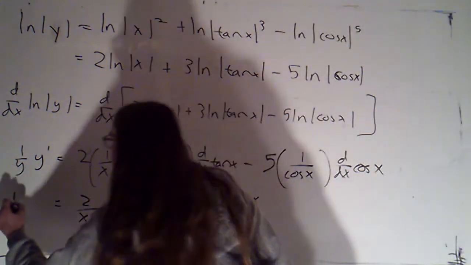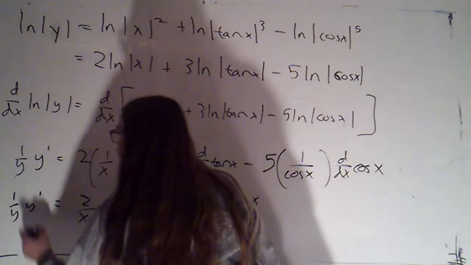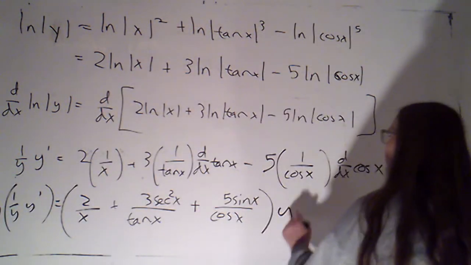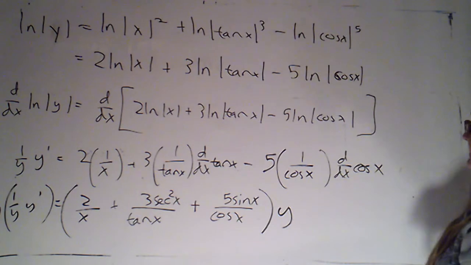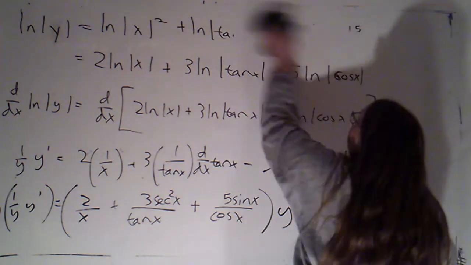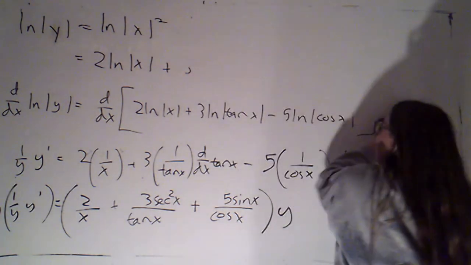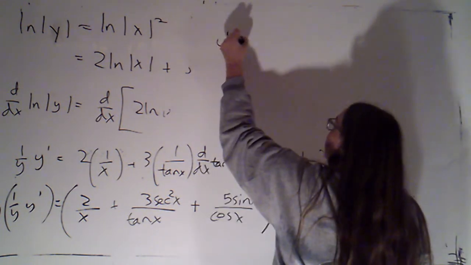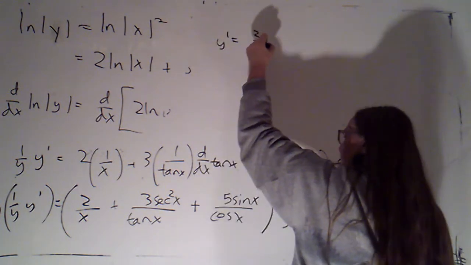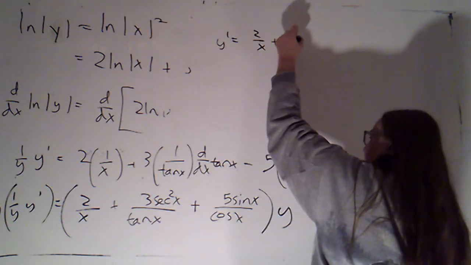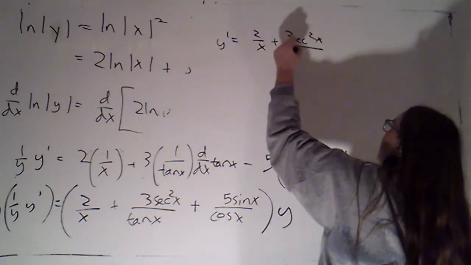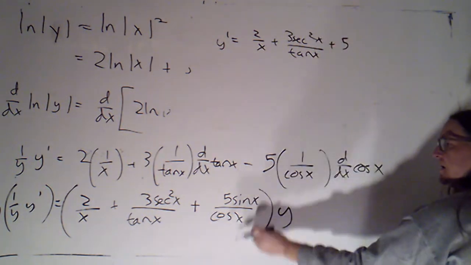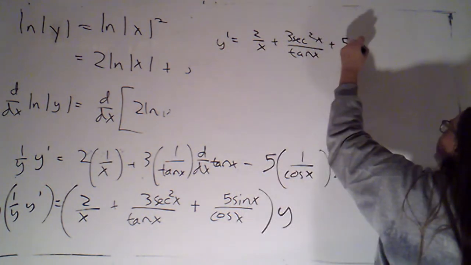Okay. But this was 1 over y times y prime. I want to solve for y prime, so I'm going to multiply both sides by y. So, when I do that, I will get y prime is equal to 2 over x plus 3 secant squared x over tan x plus 5. I think I am going to go ahead and just write that as tangent of x.